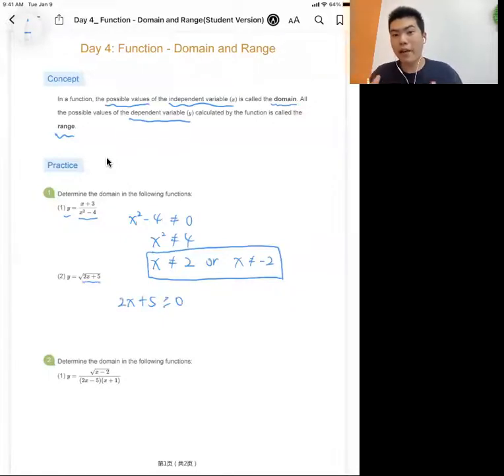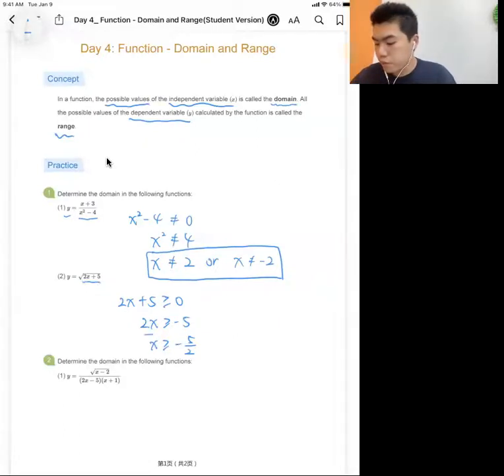Everything under a square root must be positive or 0. Simplifying this inequality, we have 2x is greater than or equal to -5, so x should be greater than or equal to -5/2. This is how we get the domain of this function.